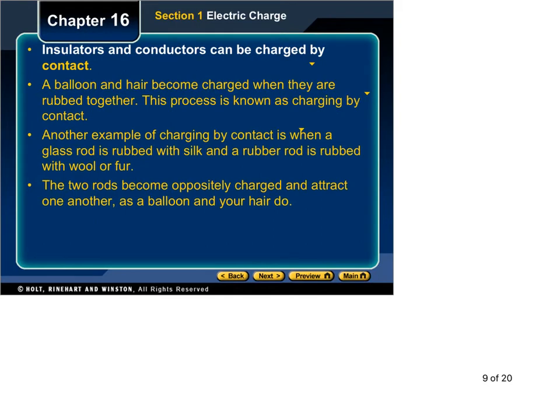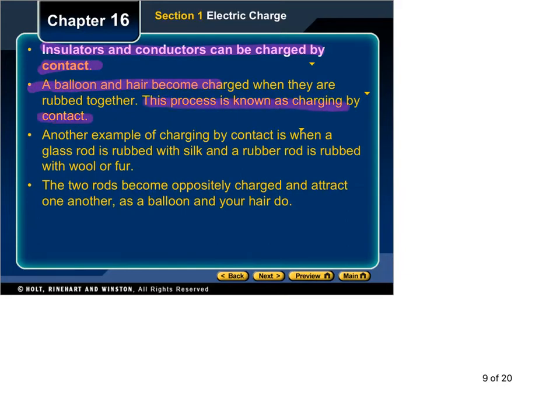Here we move into different ways of charging things. Both insulators and conductors can be charged by contact, such as balloon and hair, rubbing together, charging by contact.